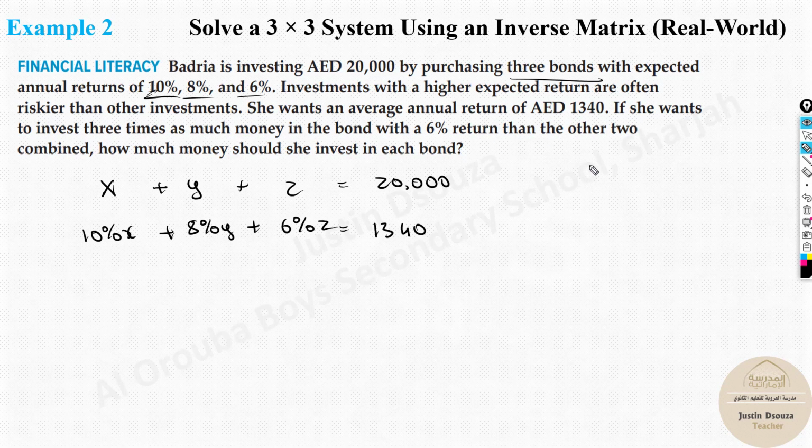I'll write it over here. She wants to invest three times as much money in the bond with 6% interest as in the other two combined.